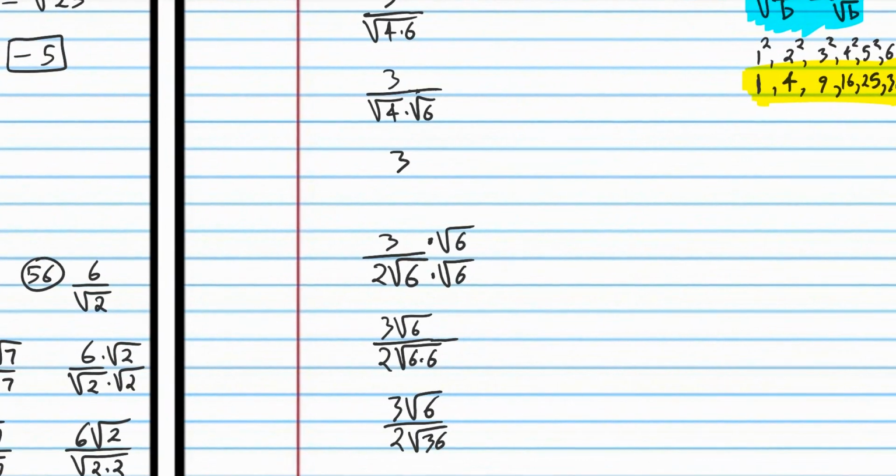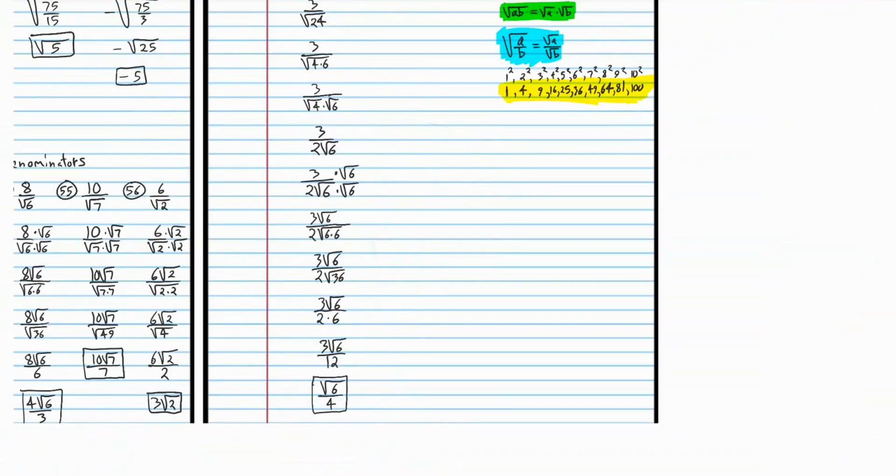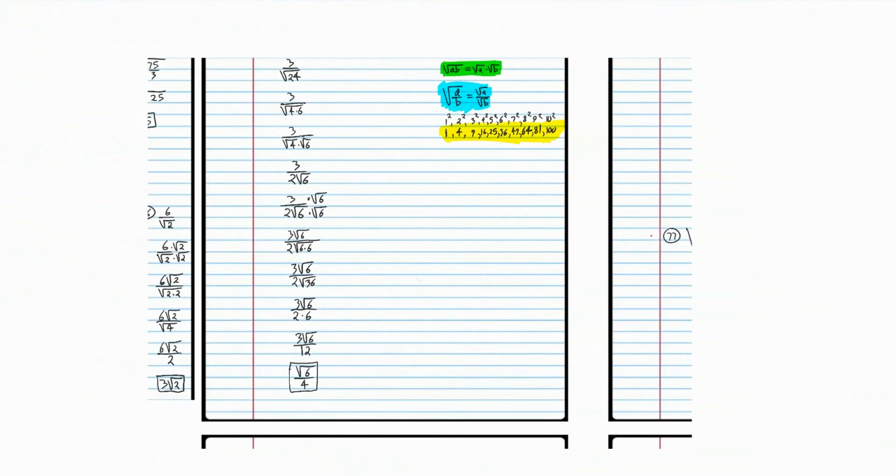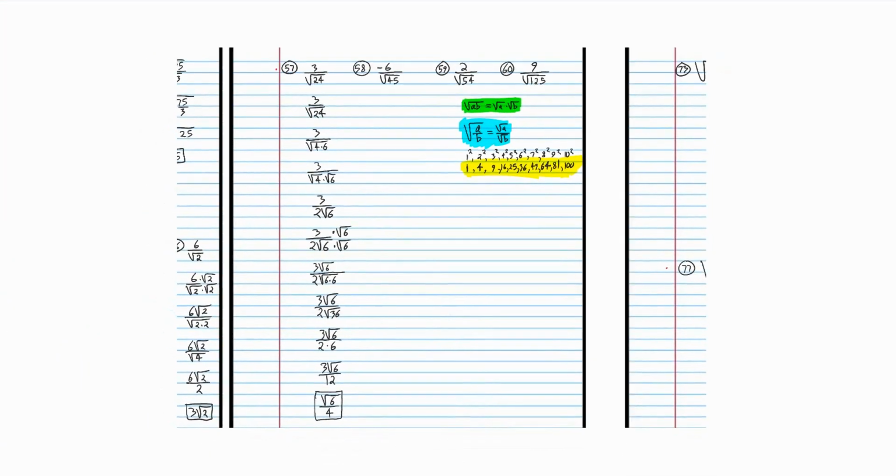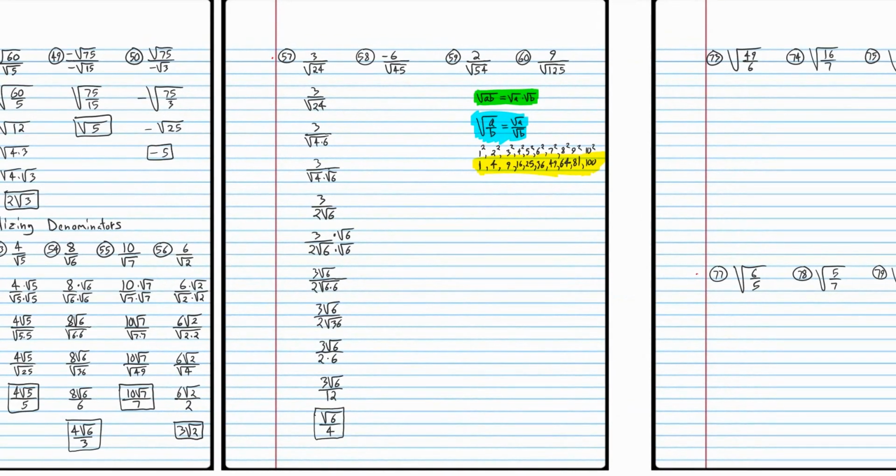So then we end up with 3 over 2 root 6, and then after that you multiply both sides by root 6. So I kind of got ahead of myself. All right, so you have to show this step. You have to show from here to here, and then from here to here, and then you have to reduce. So those are the only parts that you really need to show for this.